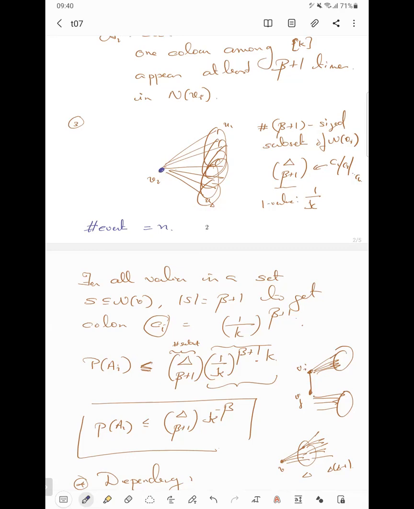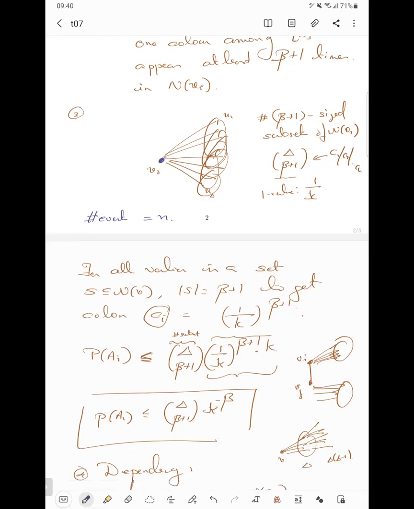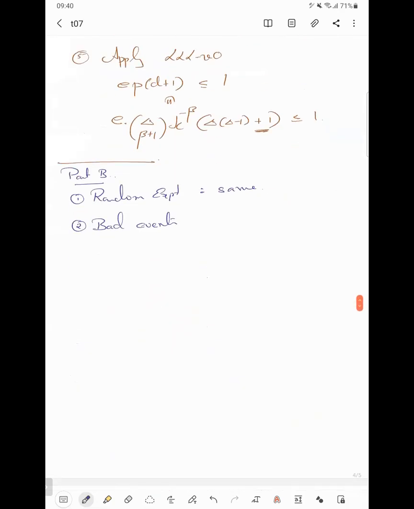Here, one vertex having k plus 1 neighbors with the same color is still a complicated event. What could be a simpler choice for a bad event is what Abraham just said.